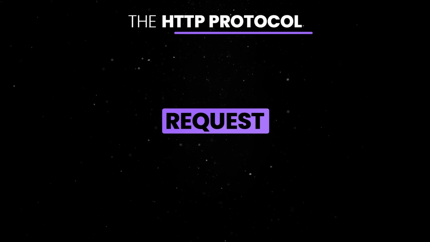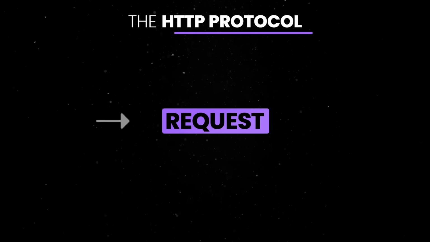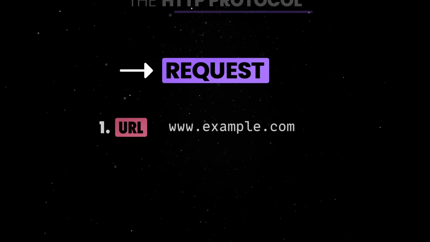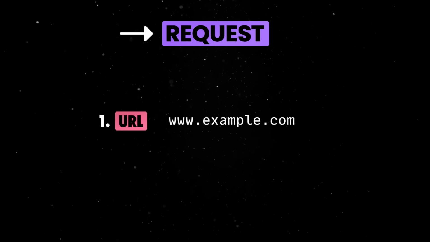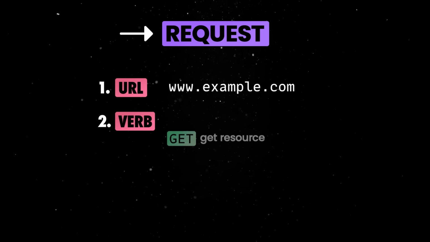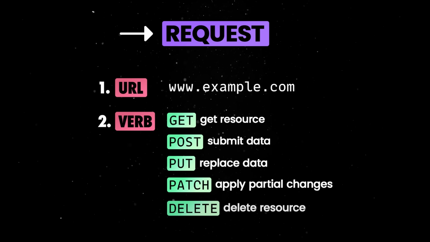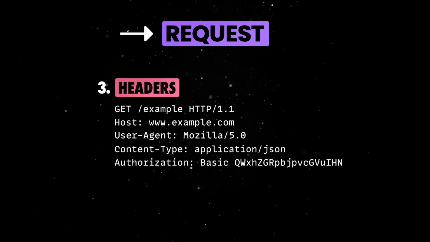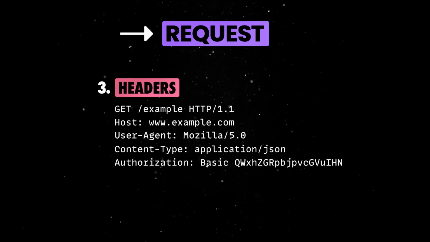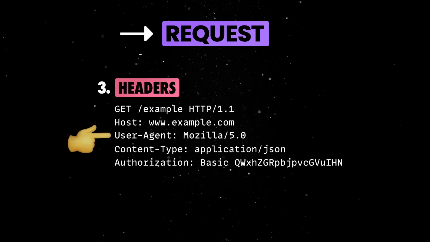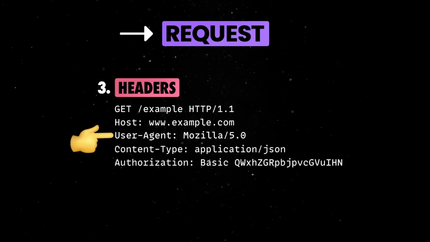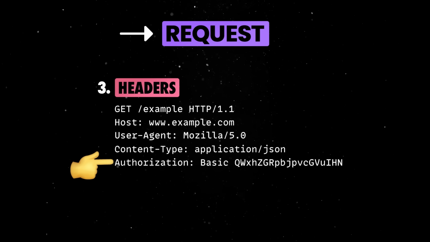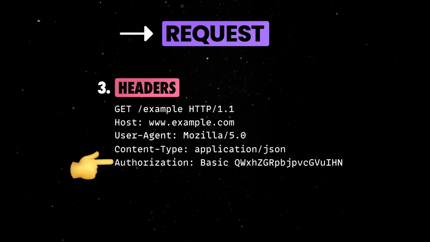When the request leaves the client, it usually contains the following information: the actual URL or resource you are requesting from the server, a verb or method which describes the type of action you want to perform on the server, a list of headers which are key-value pairs providing additional information about the request or the client itself. Some examples are the user agent header, automatically sent by the client with browser and operating system details, or the authorization header used to send authentication credentials to the server.